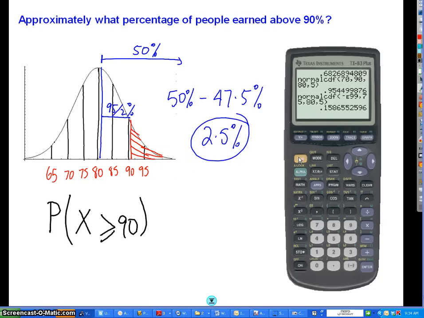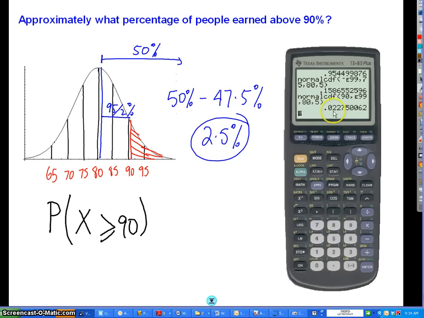So last one, normal CDF, min of 90, max of e to the 99, so second, comma, e to the 99, comma, mean, standard deviation. Always got to put mean and standard deviation because it's going to change for each distribution. We've got to tell the calculator what's our mean, what's our standard deviation, so it can calculate it for us.